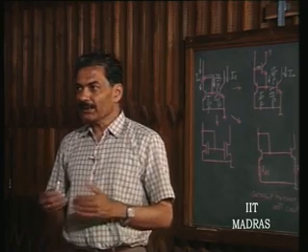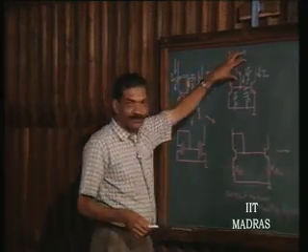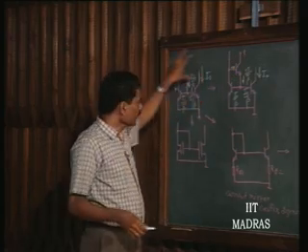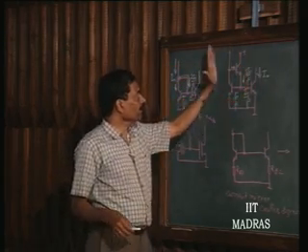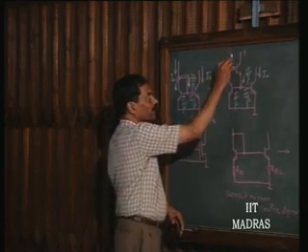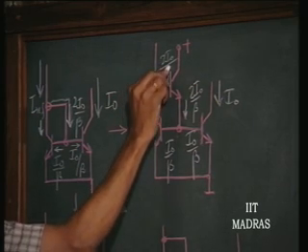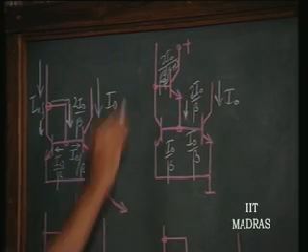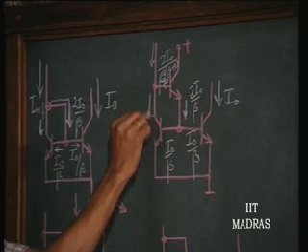This is another minor technique, using a current amplifier within this current mirror so as to make this I naught very close to this. So now this is nothing but twice I naught divided by beta into beta plus 1, and I reference is going to be very close to this.